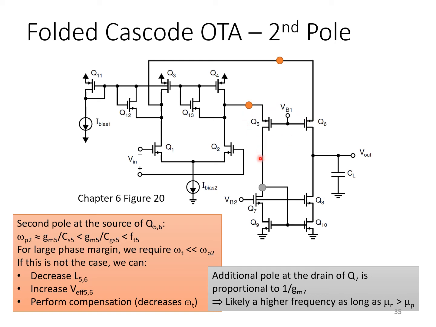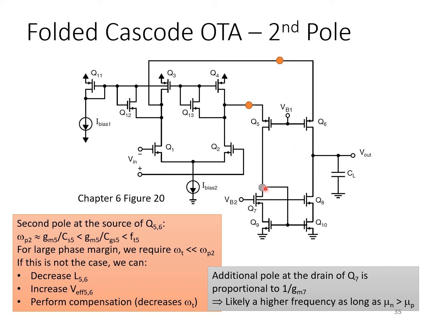The other candidate for the second equivalent pole is the time constant associated with this node. Here we've got capacitance due to the CGS, gate source capacitance of these two transistors, Q9 and Q10, as well as the drain to body capacitances of Q7, Q8, Q5, and Q6.